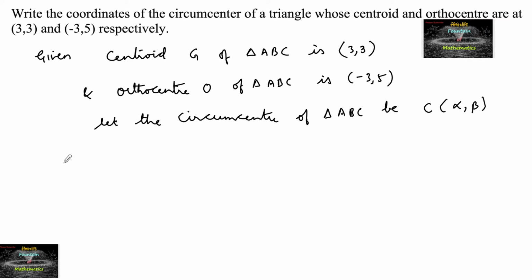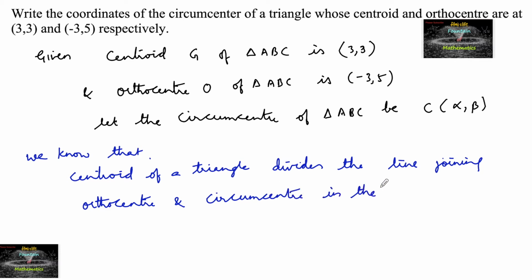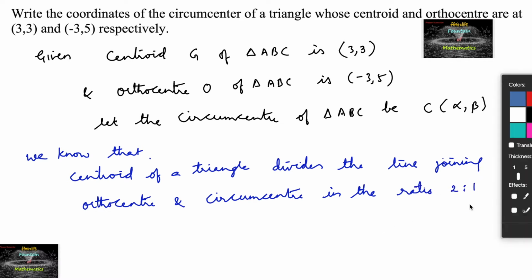Since we know that the centroid of a triangle divides the line joining the orthocenter and circumcenter in the ratio 2:1.